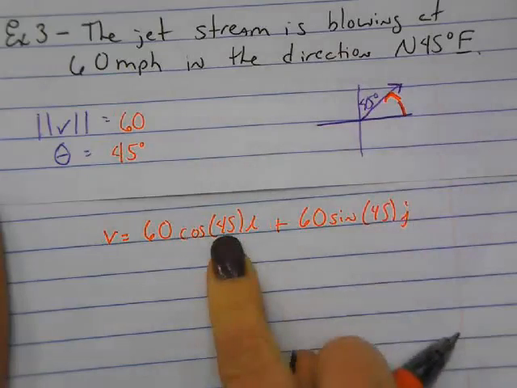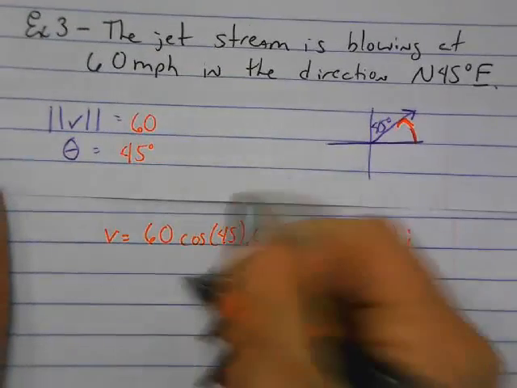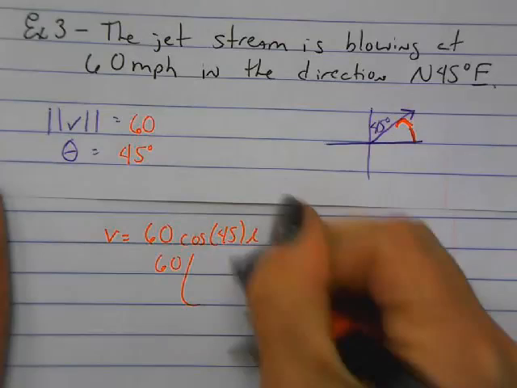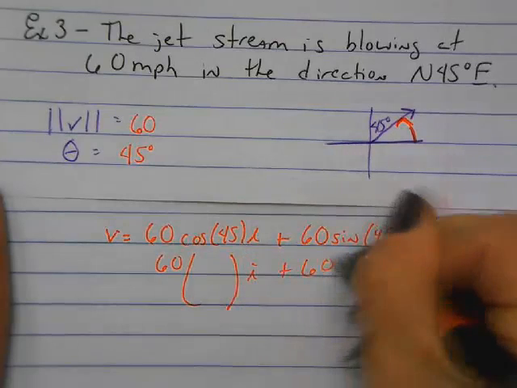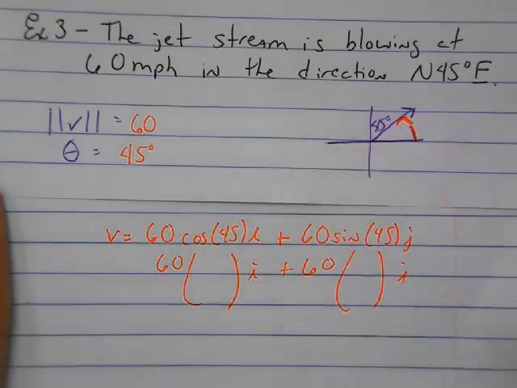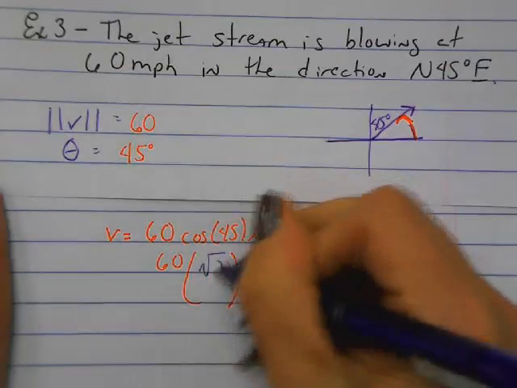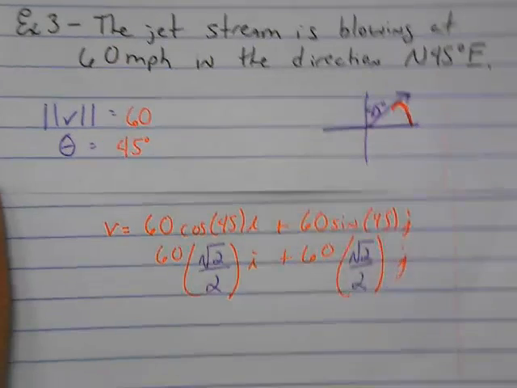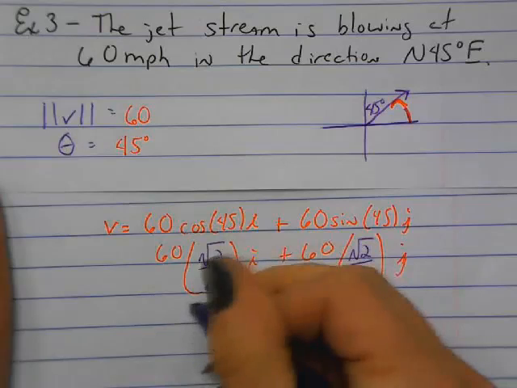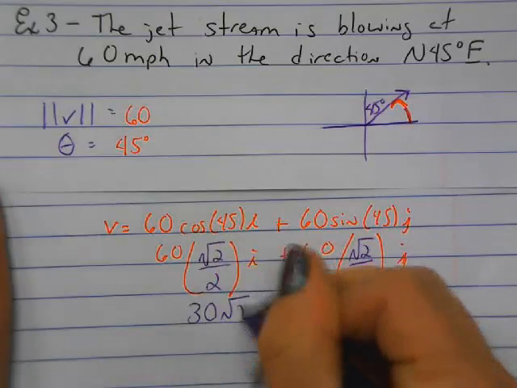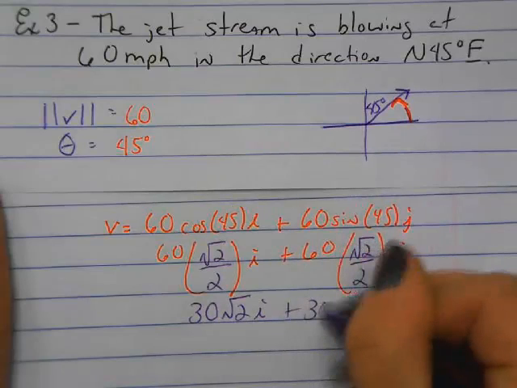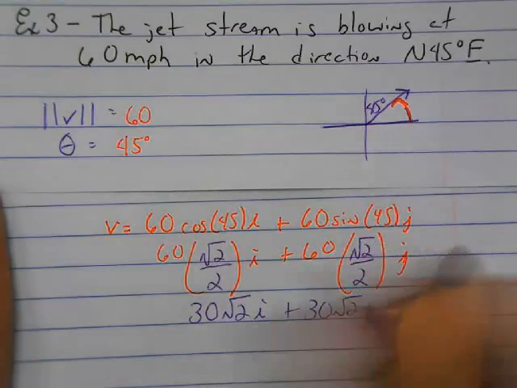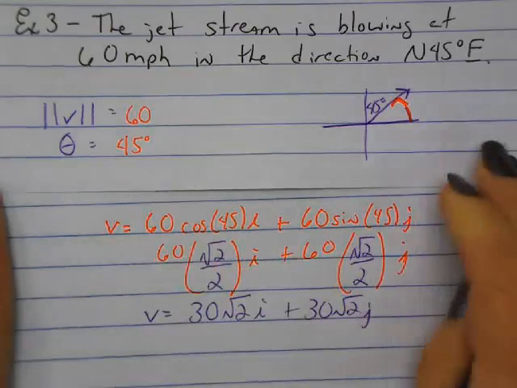And now we do know the cosine of a 45 degree angle is, use your green sheets, and you should see that it's square root of 2 over 2. And sine is also square root of 2 over 2. Now we just clean it up, and I get 30 square root of 2 i plus 30 square root of 2 j. And that's my vector for that wind.